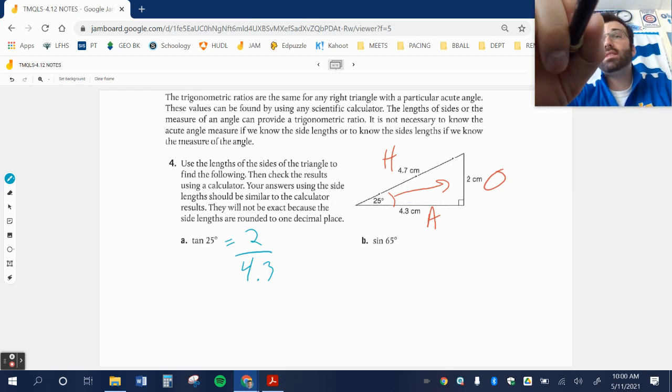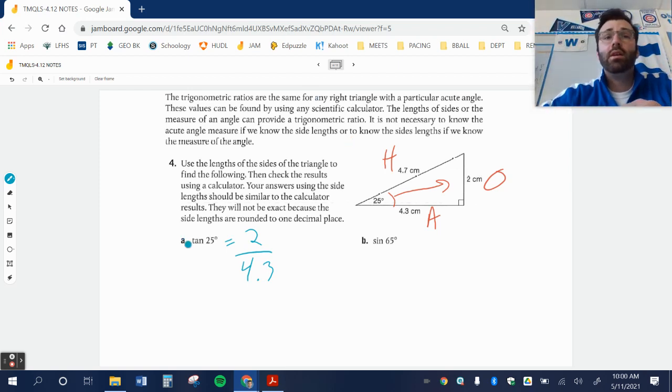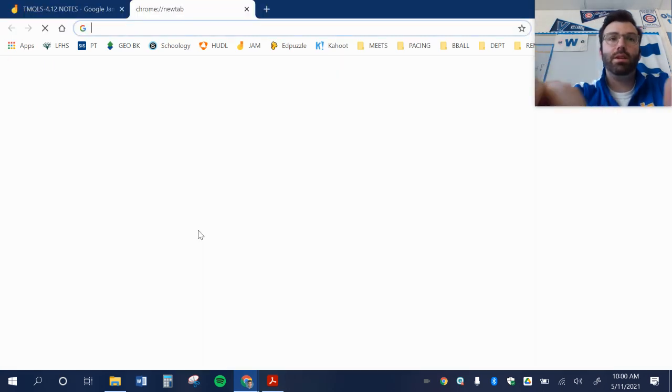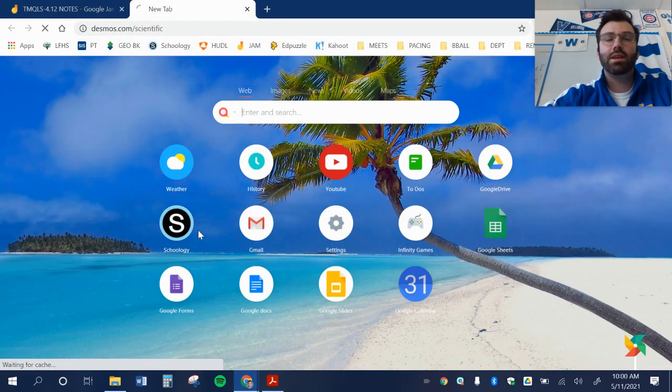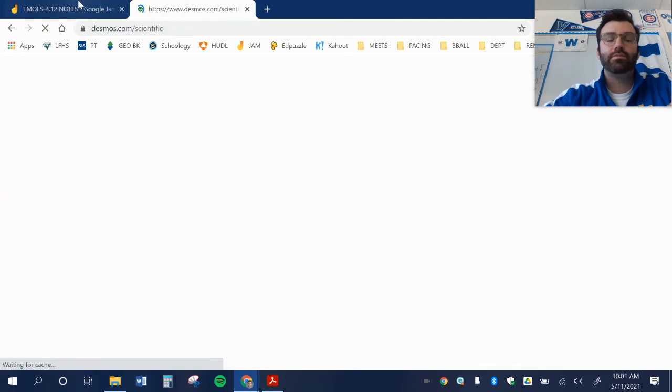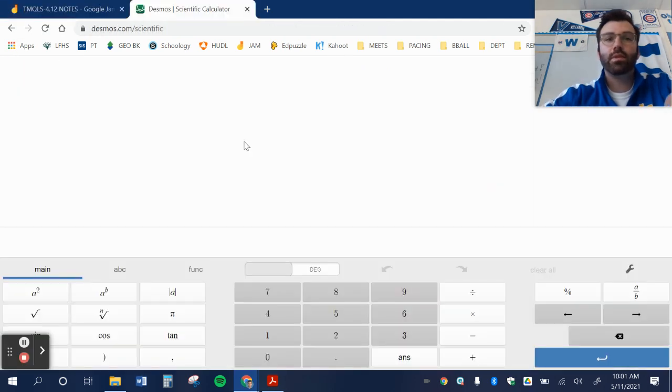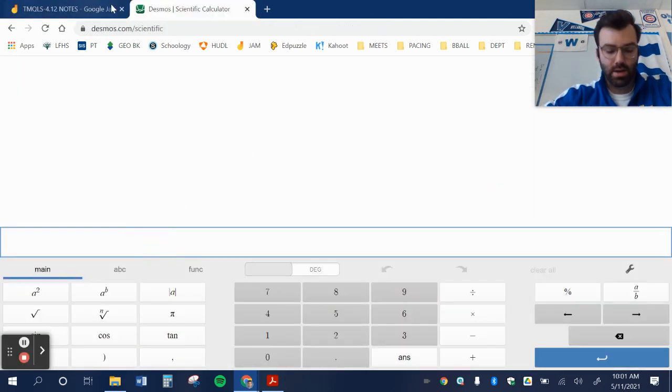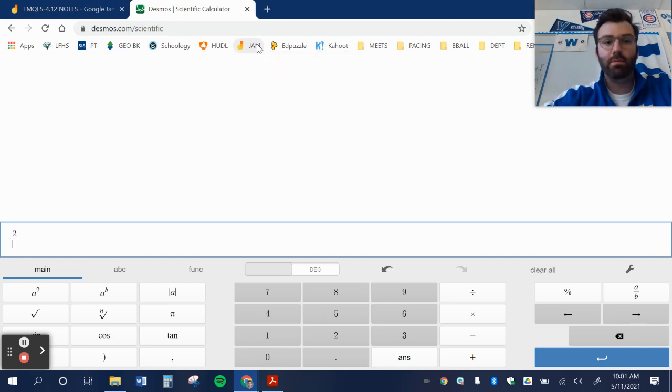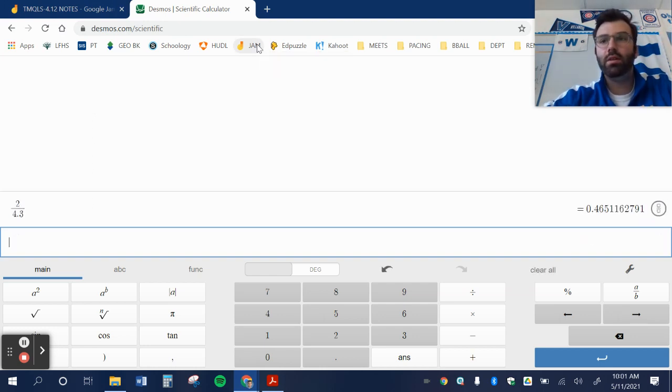So the book wants us to test to see if the trig ratio, 2 over 4.3, is going to be equal to whatever the tangent of 25 is. So let's check that out. I'm going to pull up the Desmos scientific calculator here. 2 divided by 4.3, that's 0.465.